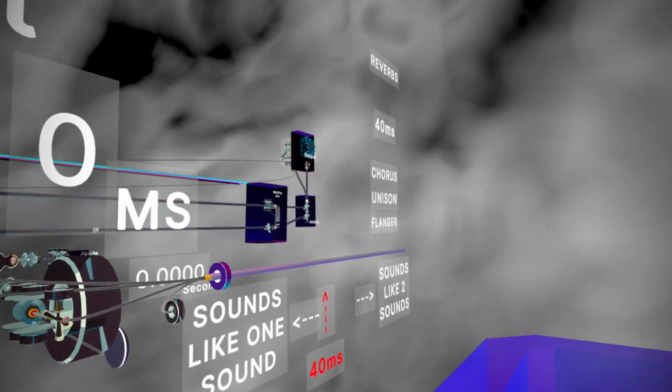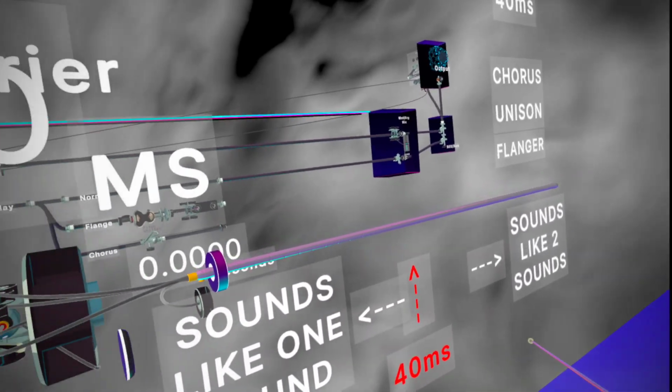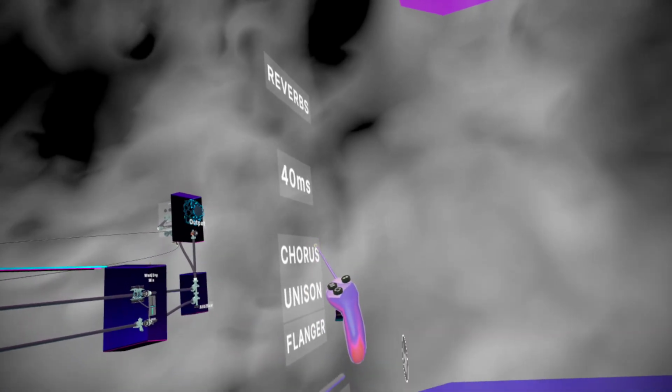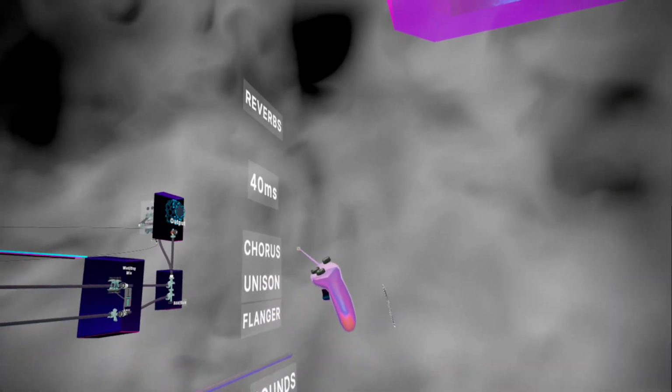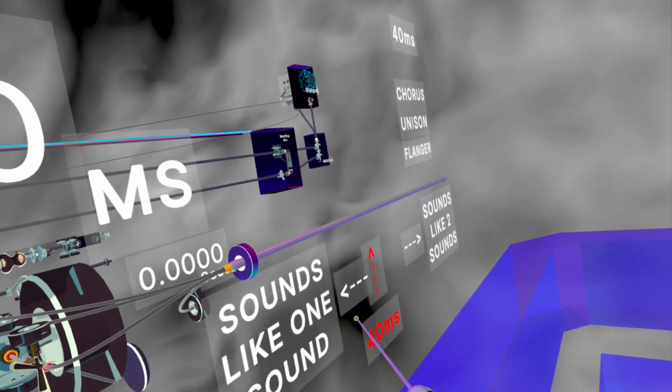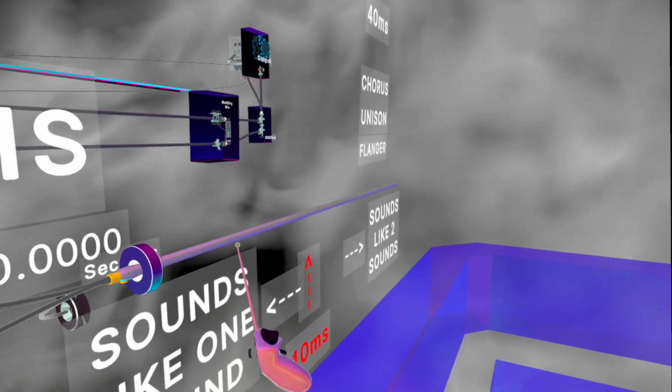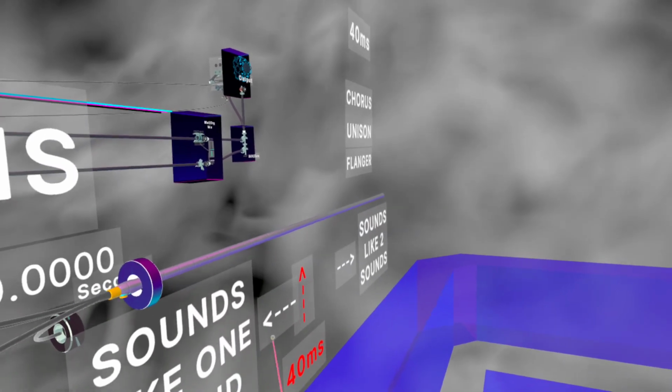And that's why any effect that you have, like a chorus or flanger, unison, those kinds of things, all of those are using a delay that's more in this range.